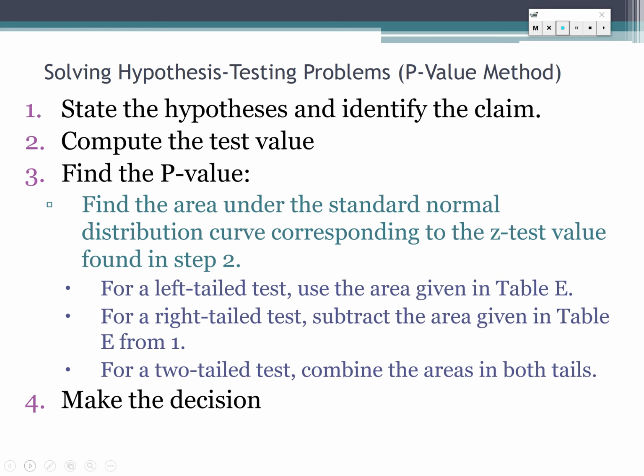Then when you find the p-value, you want to find the area that corresponds to your test value that you find in step 2. Left tail, right tail test. Left tail, use the area in table E. For right tail, we have to subtract it from 1. And for two tail, we have to combine the areas that we find in both tails. We make our decision. Step 5, we summarize.